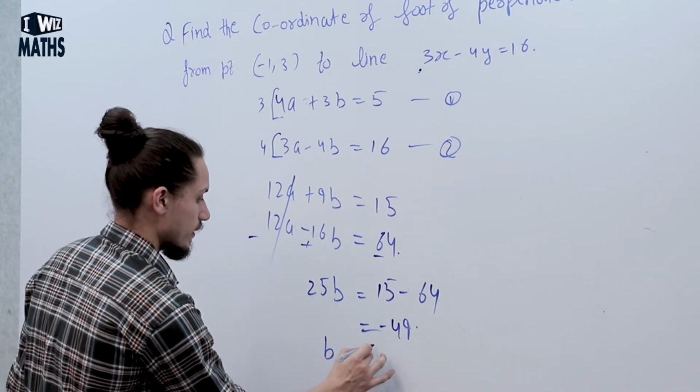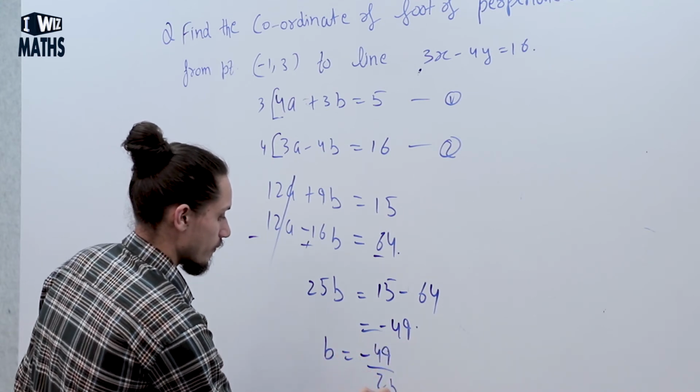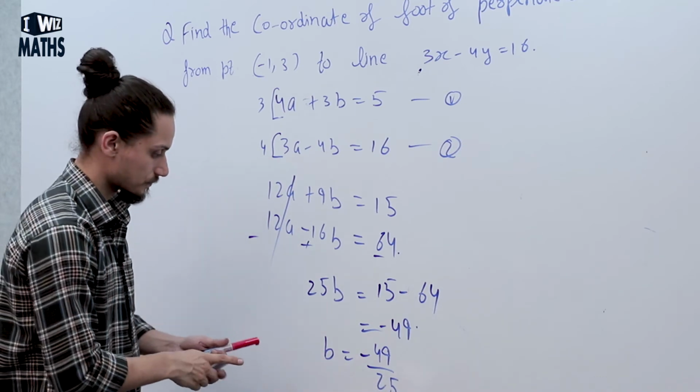So b is equal to minus 49 upon 25. This is the value of b.